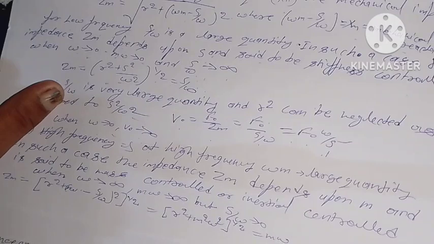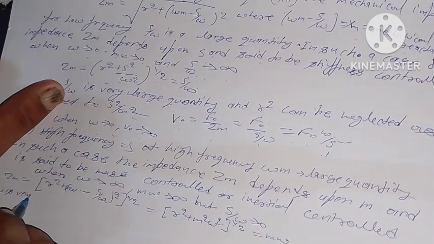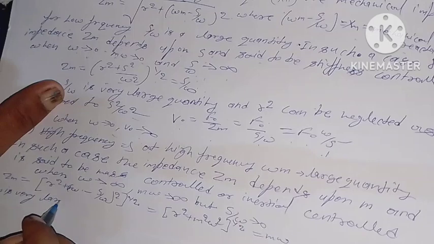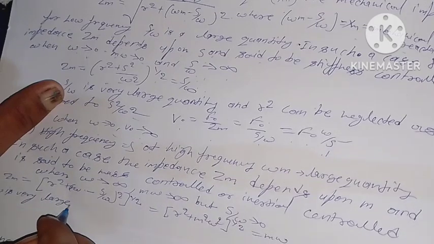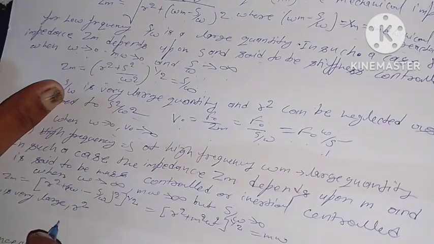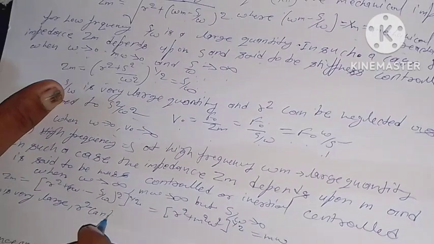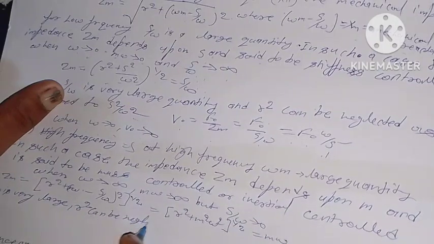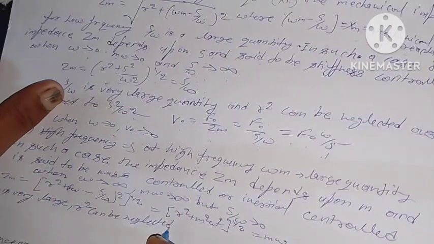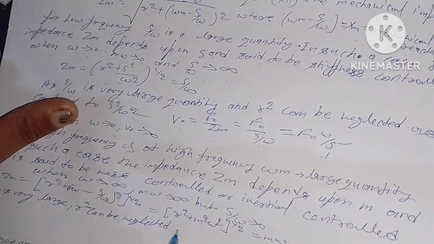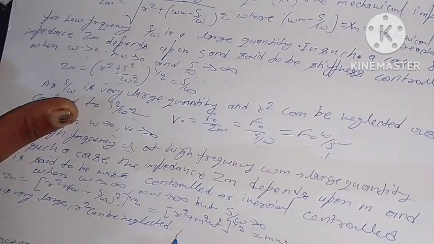Because m omega is very large, r square can be neglected as compared to m square omega square.